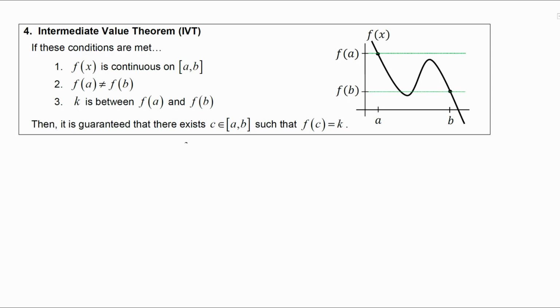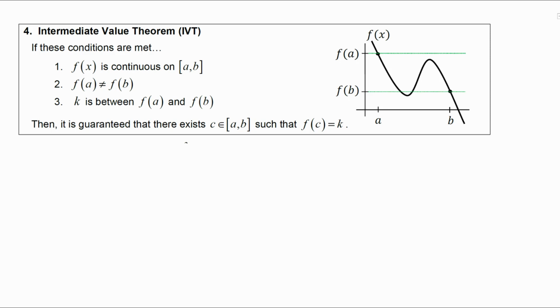You must state that in order to use this theorem. The second thing you have to check is f of a cannot be equal to f of b in order to use IVT. Number 3, k has to be a value between f of a and f of b. It has to be in between f of a and f of b in order for you to apply the IVT.